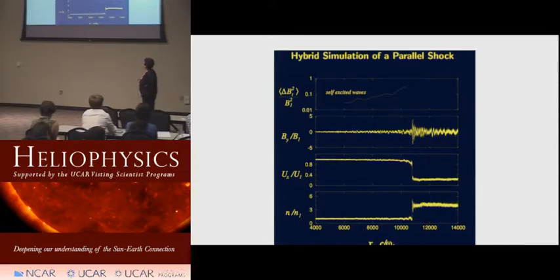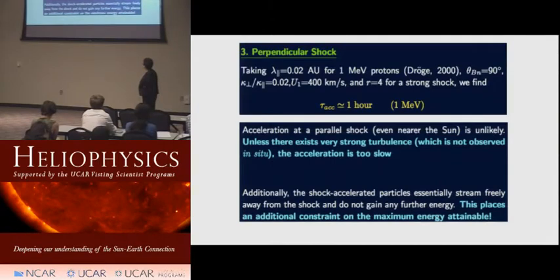Turns out that you can show that there are self-excited waves: if you have a distribution function, you can have kinetic processes that create waves downstream. Those waves will scatter the particles back to the shock. So you don't need to invoke waves. They are naturally created. So this is good.